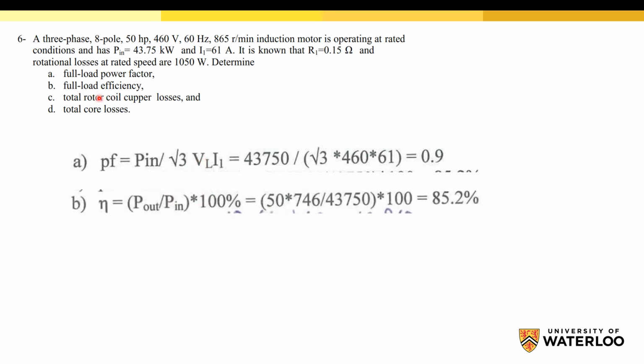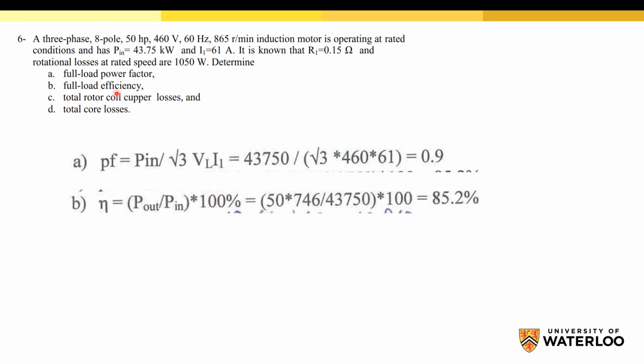For part B, the efficiency, we know the output power and the input power, because here he's asking about the full load. So the full load means that this will be our output power, which is 50 times 746. Input power is given, so we can calculate the efficiency. Also, this is very straightforward.